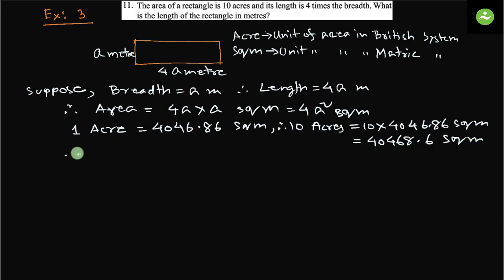Can we write 4a square meter equals to the other area in square meter? Yes, because this is also the area of the rectangle and this is also the area of the rectangle. So we can write 4a square equals to the value.